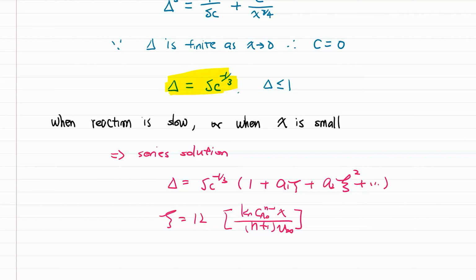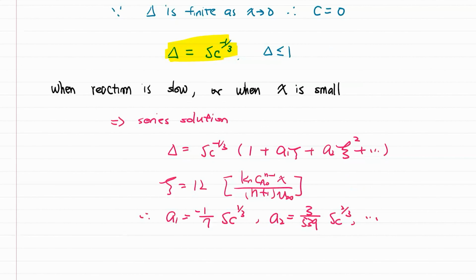Okay, and the key here is that A1 is negative 1 over 7 times Schmidt number to the 1/3 power, and A2 equals 3 over 539 times Schmidt number to the 2/3, and so on.